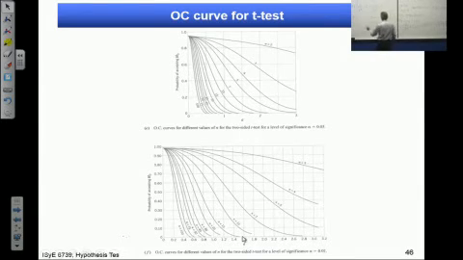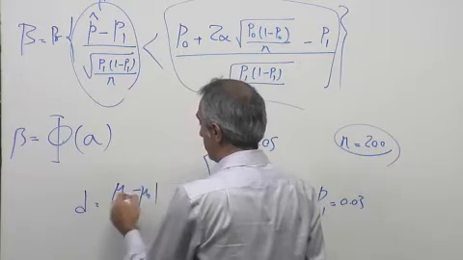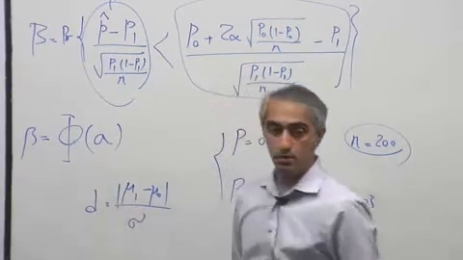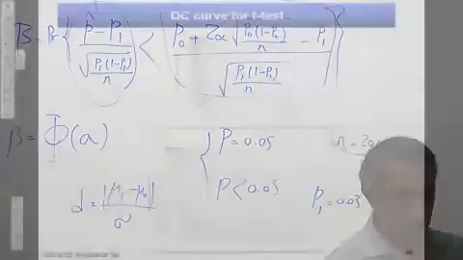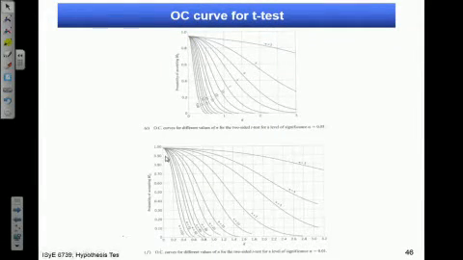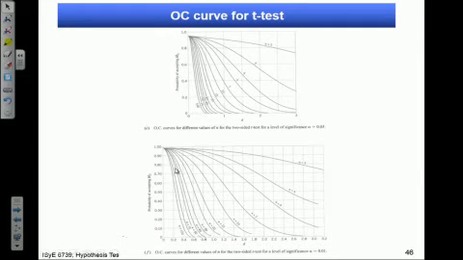So your x-axis is D, which is mu1 minus mu0 divided by sigma. Okay? And you have different curves here. When there is no change, this is what? You remember? 1 minus alpha. And when D is greater than 0, these are curves representing beta.